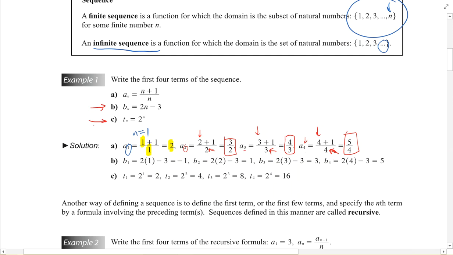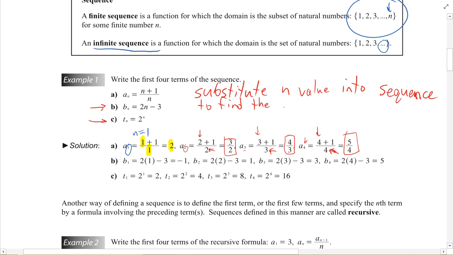All you're doing is substituting the n value into the sequence formula to find the term.